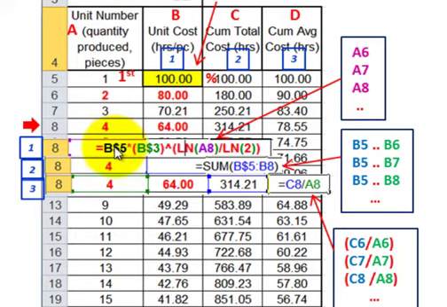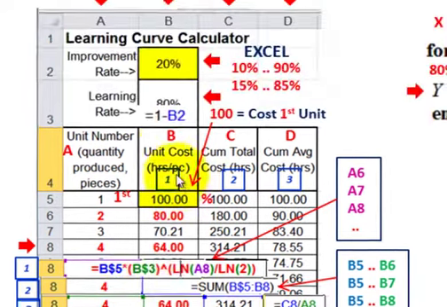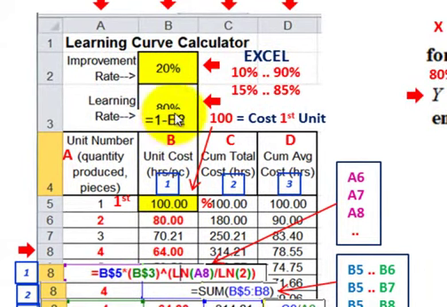This is an absolute reference in Excel, so it's always going to come back to this unit cost because of that $. Then this asterisk is just a multiplying sign, times B $3, and that's your learning rate reference. It's always going to use whatever learning rate you have, that 1 minus B2, or that 80% in this case.